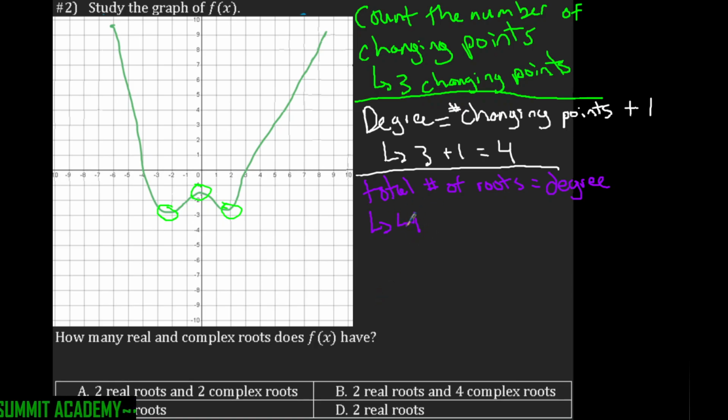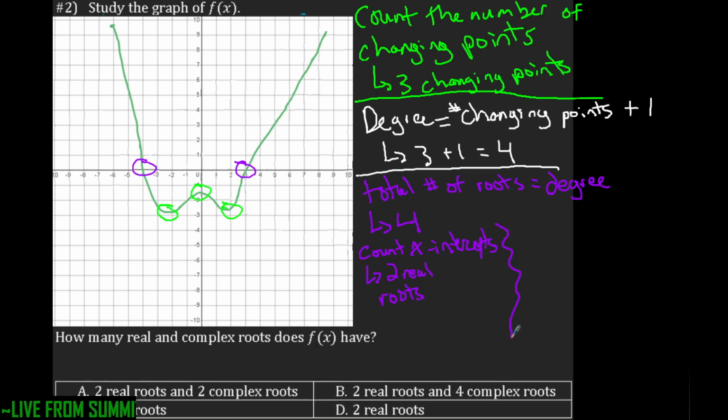Now I know I have 4 total roots for this function. Next we count x-intercepts for real roots. So I have 1, 2. Since I have 2 x-intercepts, I have 2 real roots.